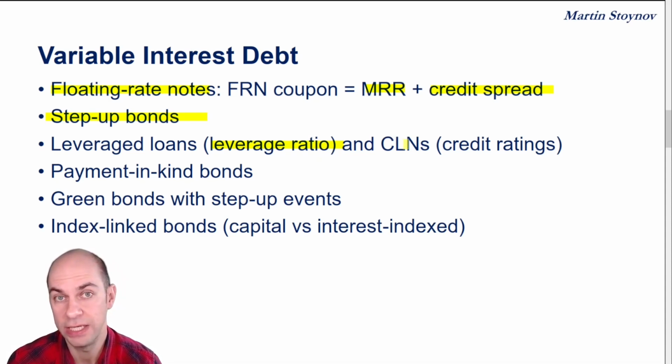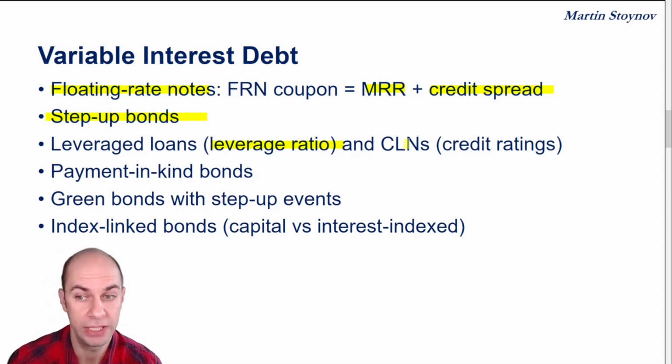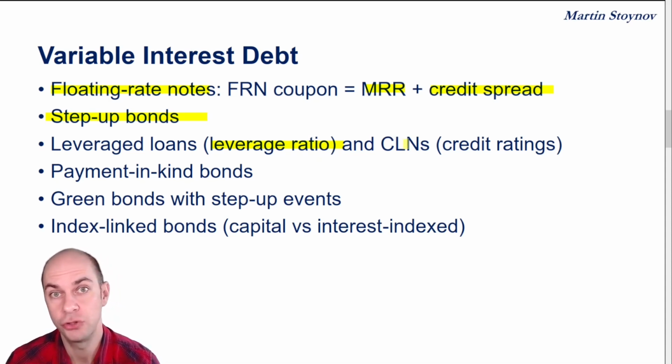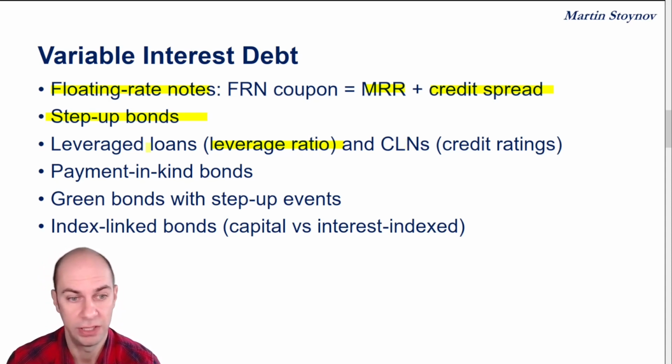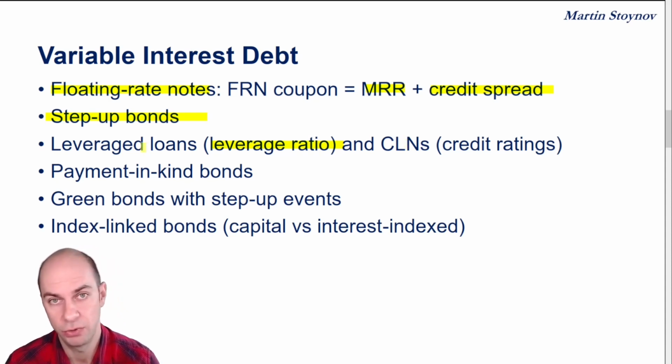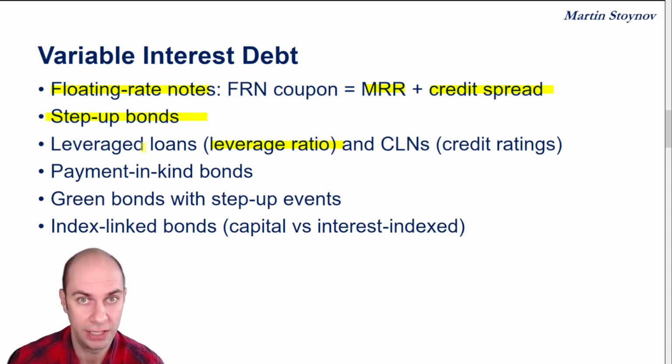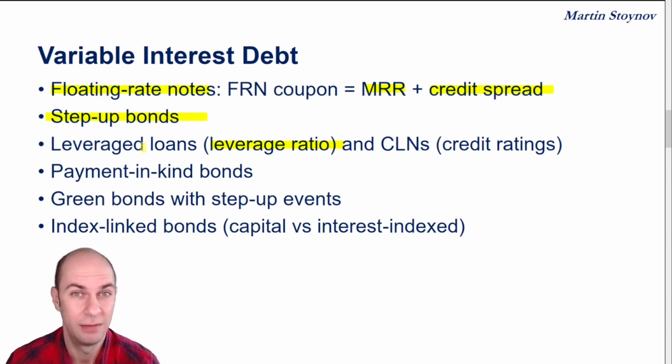So here, the idea is that your coupon may increase because your credit rating has worsened. So in the leverage loan case, it was to do with the leverage ratio. In the credit link note, it's to do with your credit rating. But fundamentally, these two types of loans are very, very similar because the coupon is going to be increasing as a function of your credit risk.